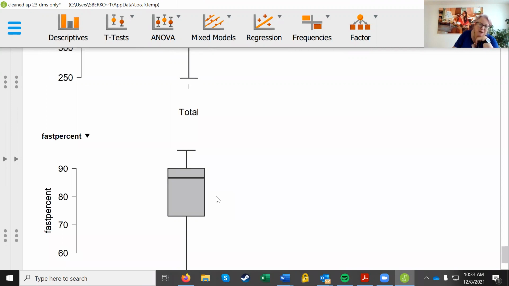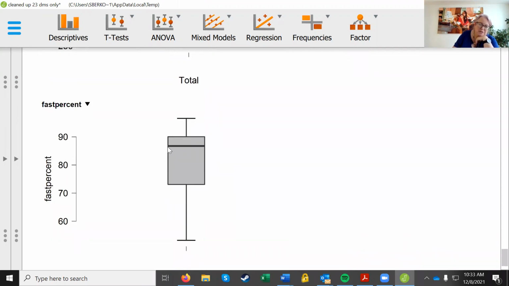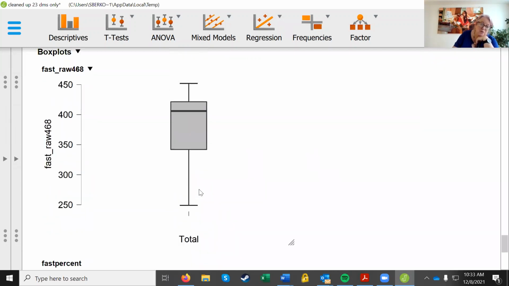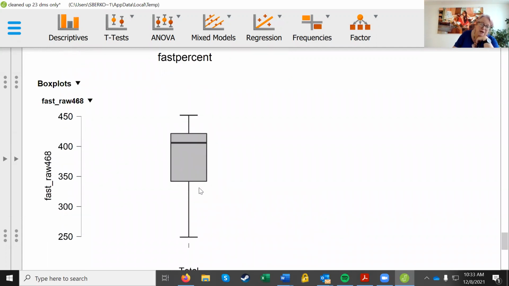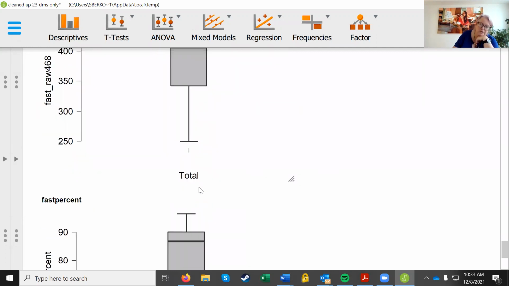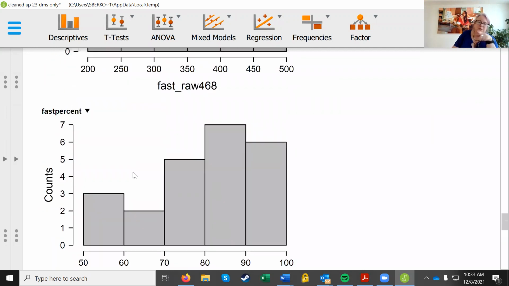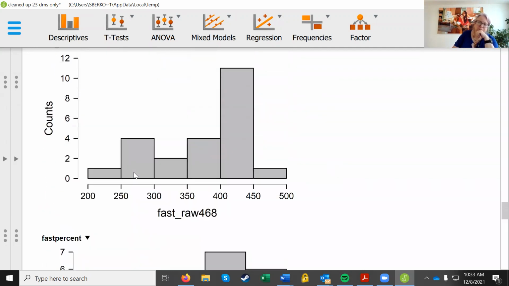With a box plot with one box, you can see the heavy black line is the median, and these are the people who scored in the middle 50%, or the middle 75%. I have to look that up every time. And then this is the extent. A box plot with one group doesn't make too much sense, but maybe your mind works better this way. Or maybe your mind works better this way.